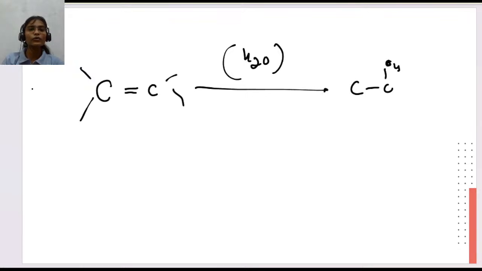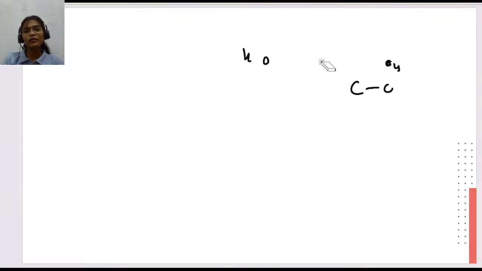Now the third we are going to discuss in today's class is oxymercuration and demercuration. Again, the mechanism is not really important here. What is important is to try to understand the concept. Let me first write it, then I will explain what is so special about oxymercuration and demercuration.